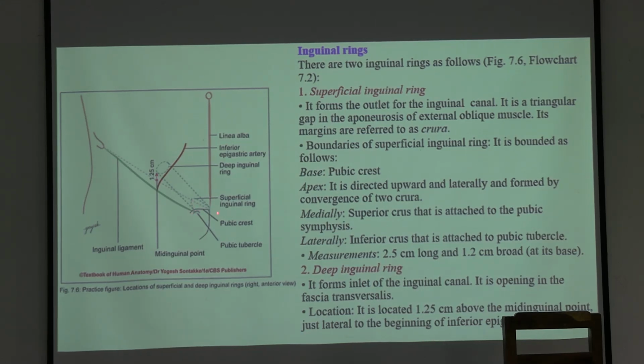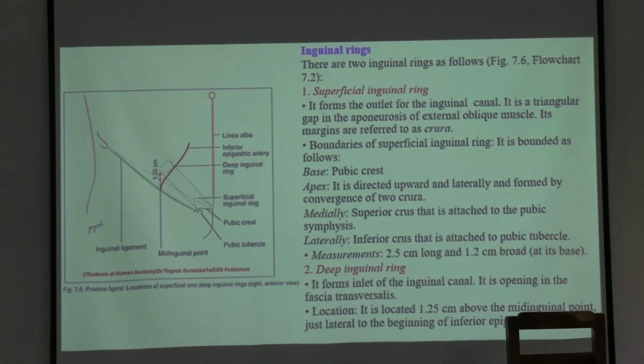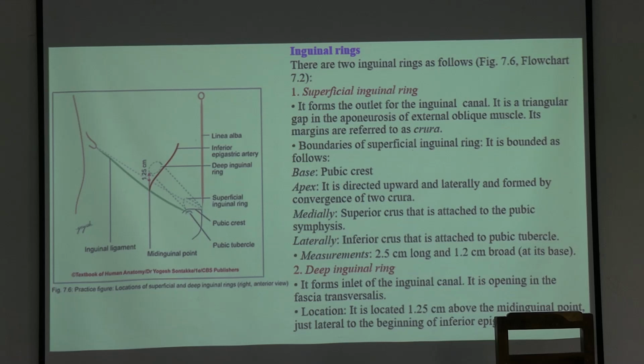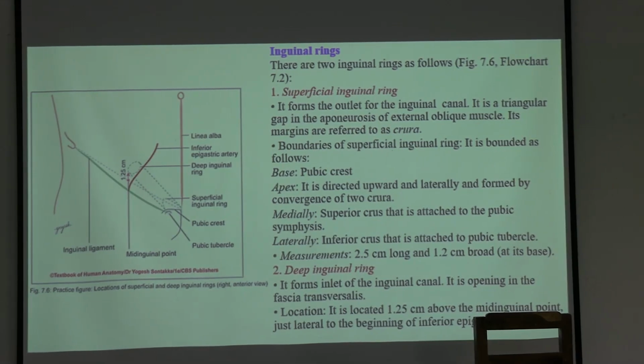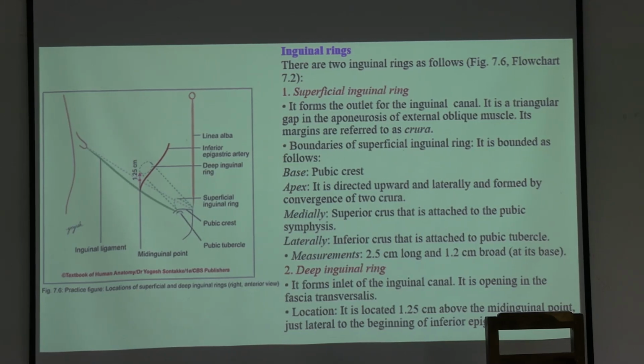This pubic tubercle is very important because above and medial you will get the superficial ring, and through the superficial ring there is protrusion or projection of the abdominal viscera. Abdominal viscera may come out through some weak points in the abdominal wall.